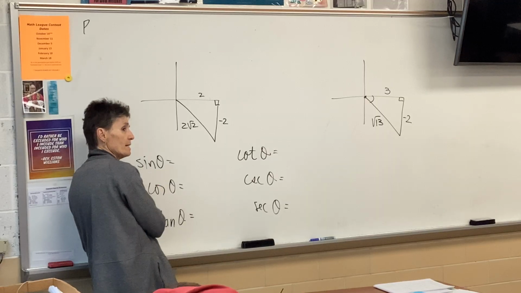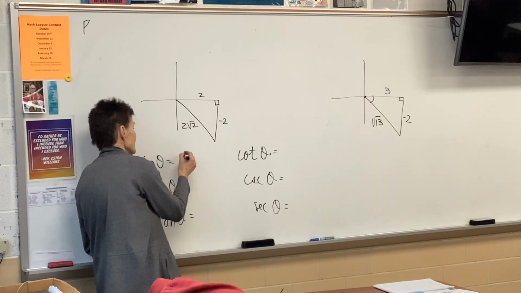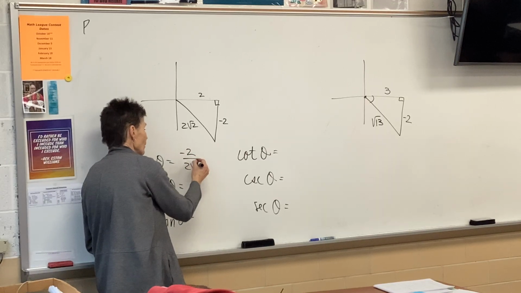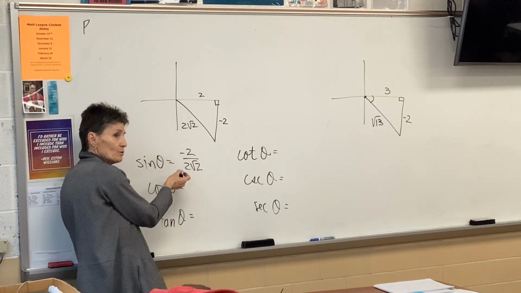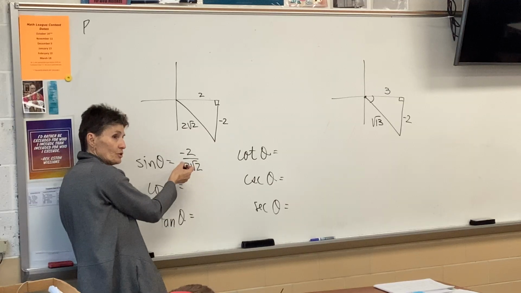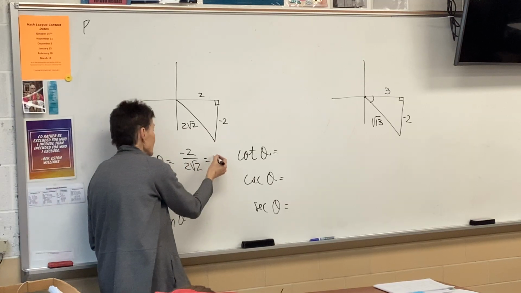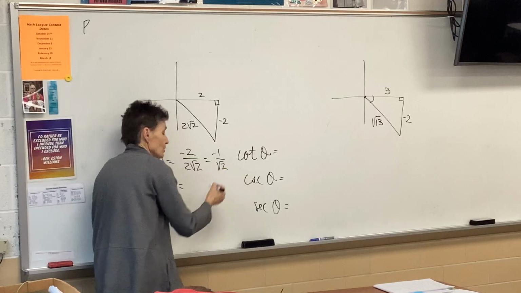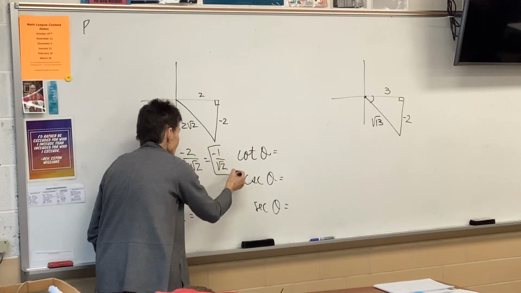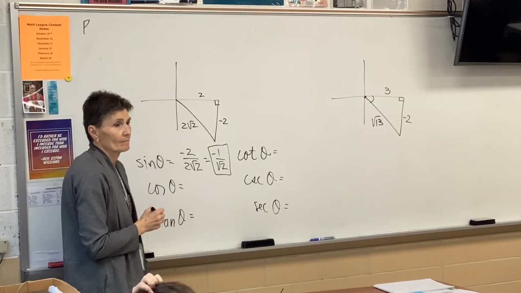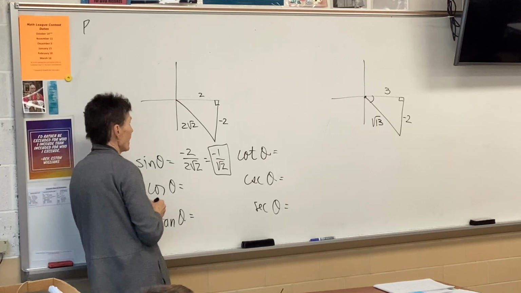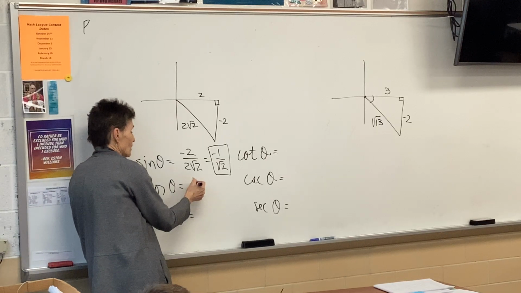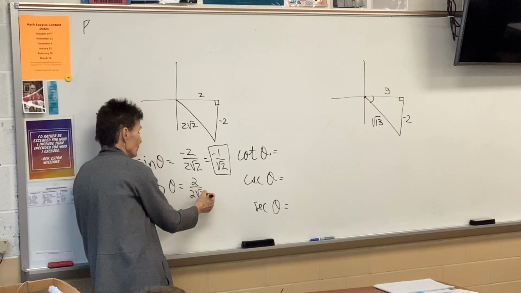So sine is opposite over hypotenuse. Now guys, that reduces. Look at it, can I cancel a 2? So negative 1 over root 2. That is my sine. What about my cosine? 2 over 2 root 2.